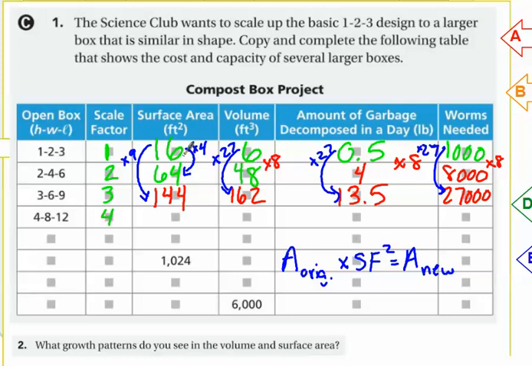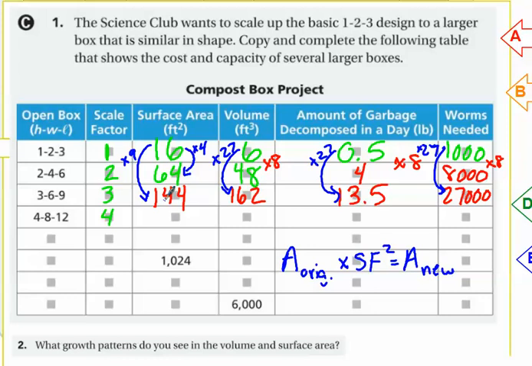So area of my original multiplied by my scale factor 2 squared is 4. So 16 times 4 is 64. See if it works for the next one. Area of my original multiplied by my scale factor squared. 3 squared is 9. So this times 9 gives me 144.